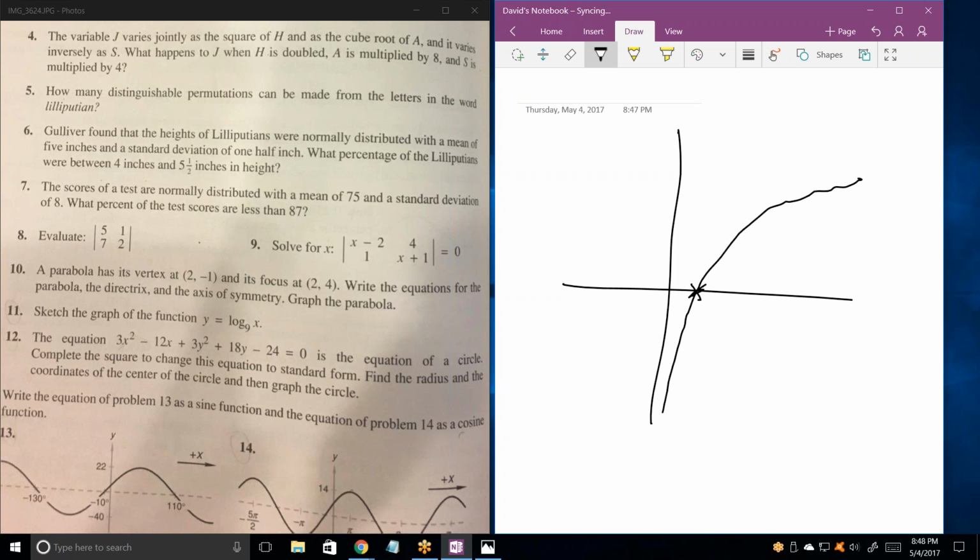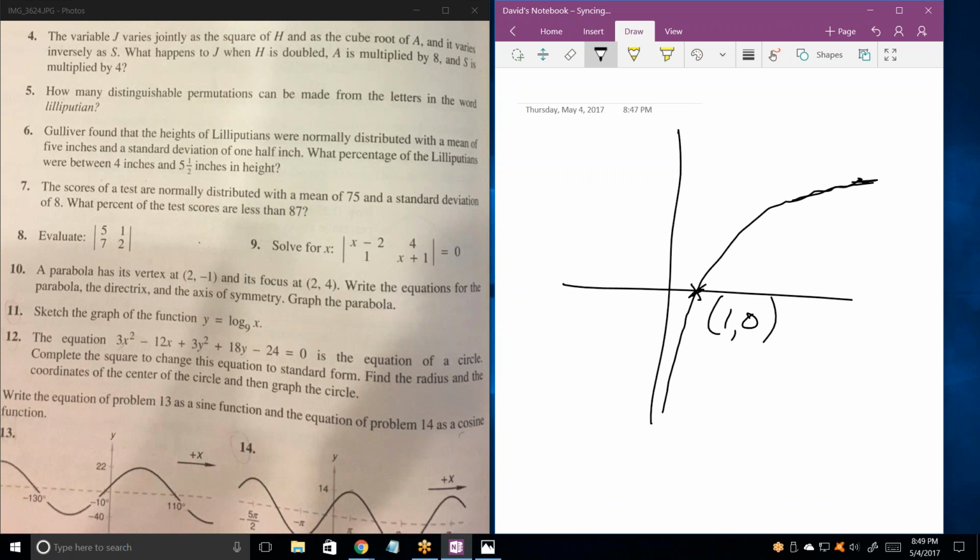What is that point? 1, 0. And they are all asymptotic with the y-axis, and they all rise very, very slowly, almost like there's a horizontal asymptote there, but there isn't. In other words, that thing will eventually go to infinity vertically as we go to infinity to the right.